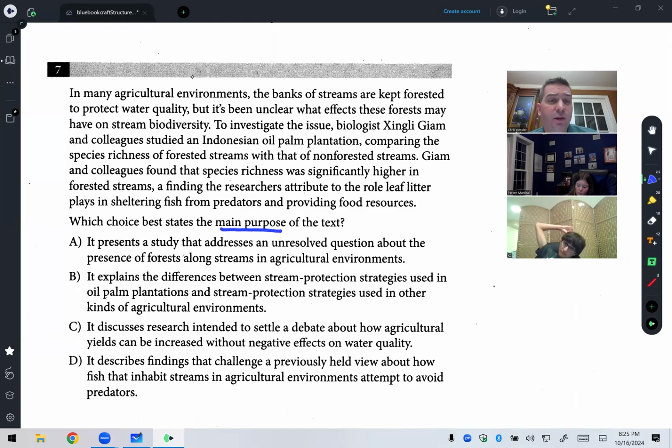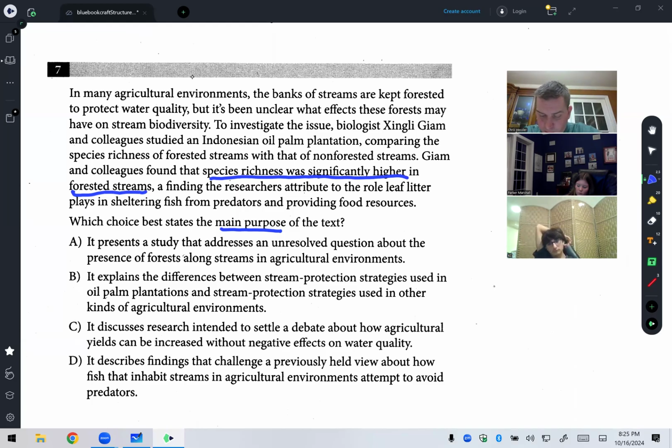Giam and colleagues found that species richness was significantly higher in forested streams. Interesting. I'm going to just underline that so I remember that. A finding that the researchers attribute to the role leaf litter plays in sheltering fish from predators and providing food sources. All right, so which choice best states the main purpose of the text?